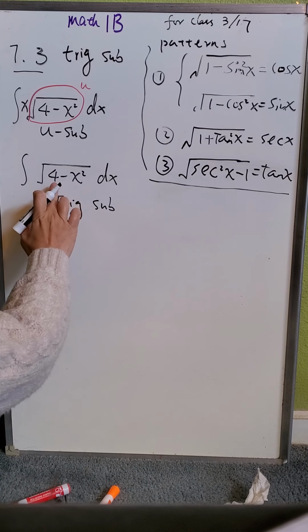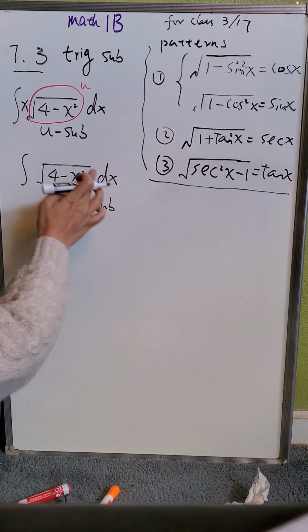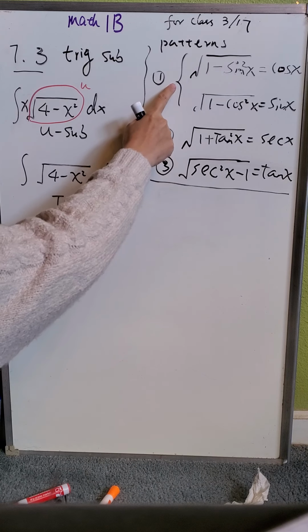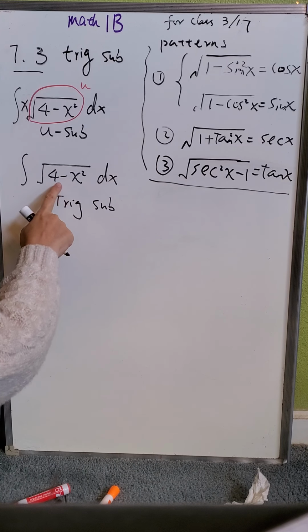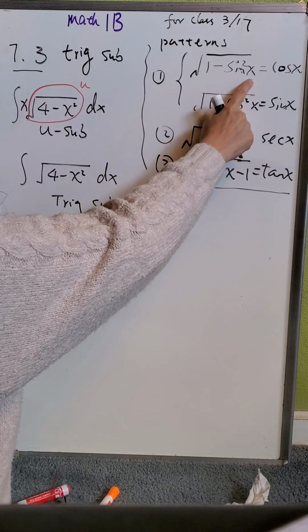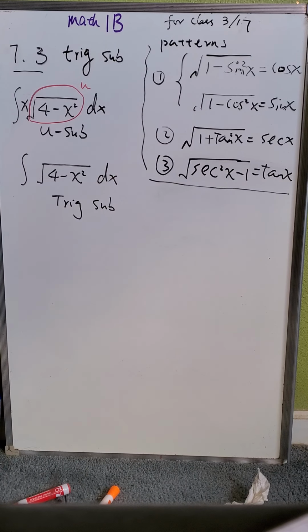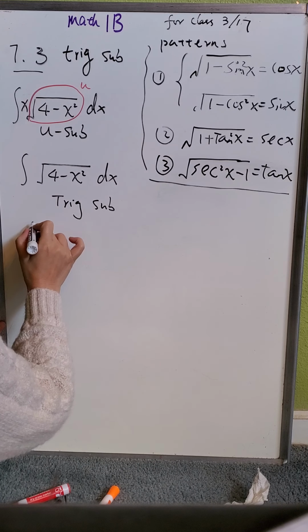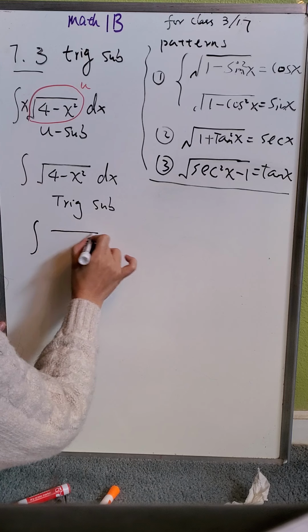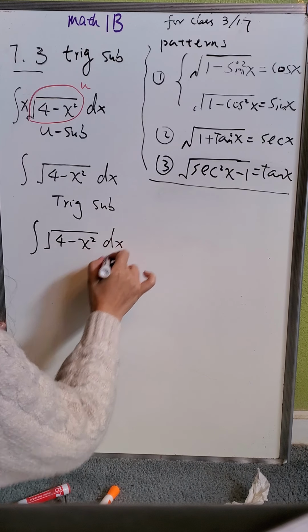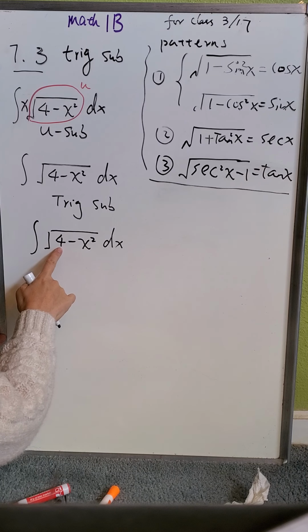So we look at the pattern here. We look at these problems. We want to see which pattern this problem looks like. This is 4 minus x squared, so it looks very much like this one, but it's not exactly. So what do we need to do? For this problem, our goal is to make this to be 1.